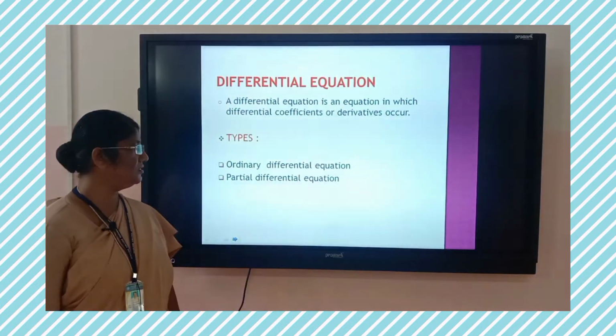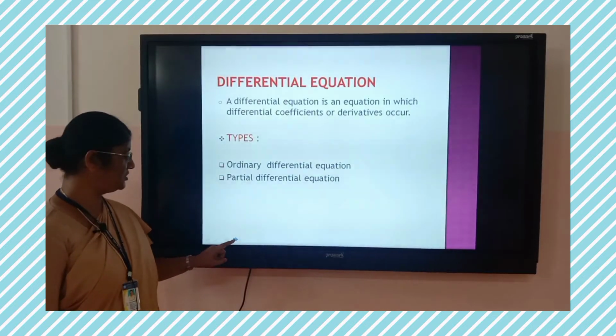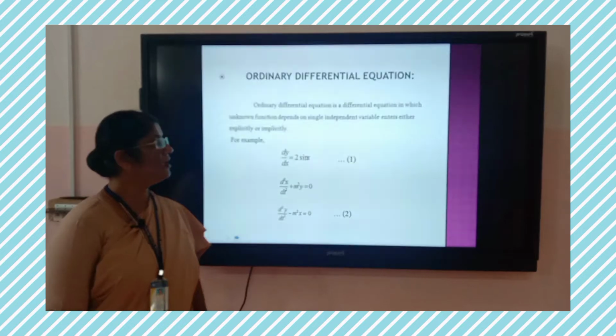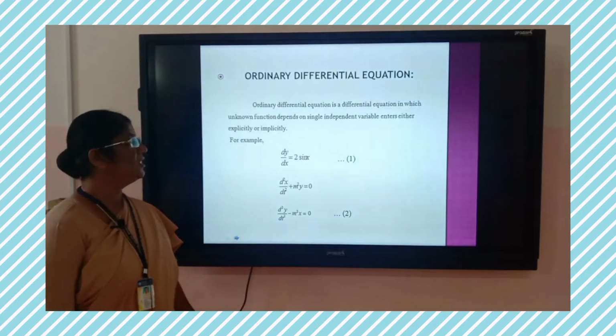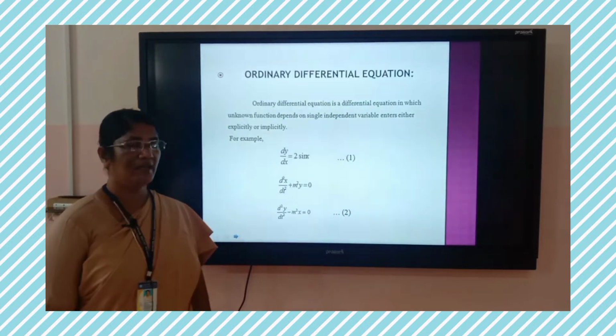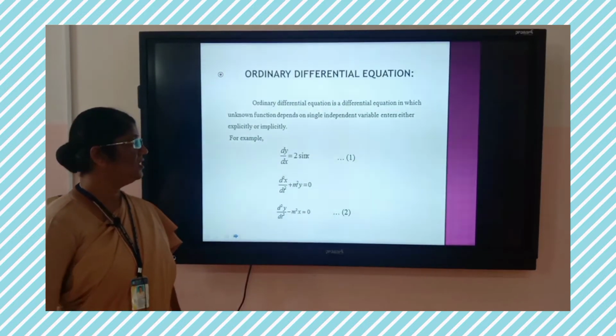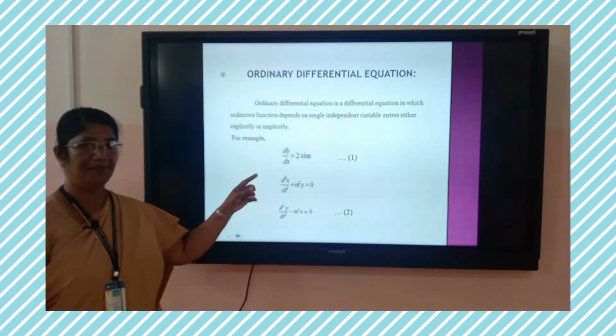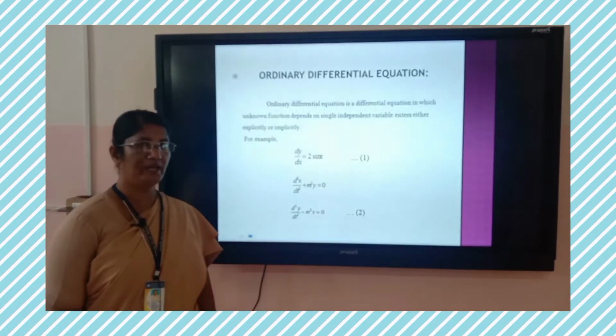Now we are going to see the definition of ordinary differential equation. An ordinary differential equation is a differential equation in which the unknown function depends on a single independent variable, which enters either explicitly or implicitly. For example, here I have given two examples.